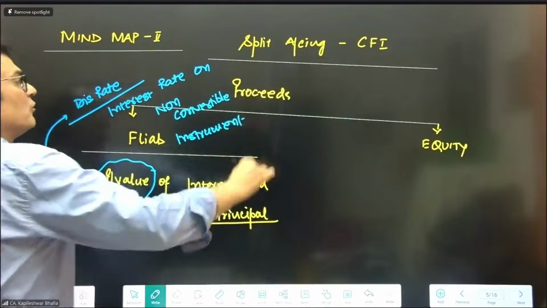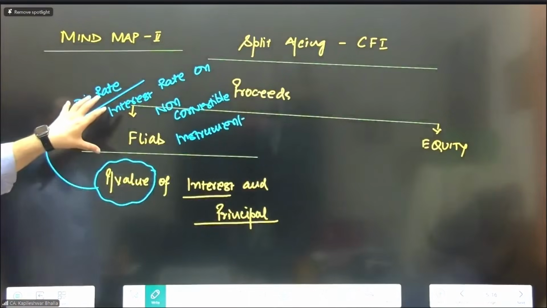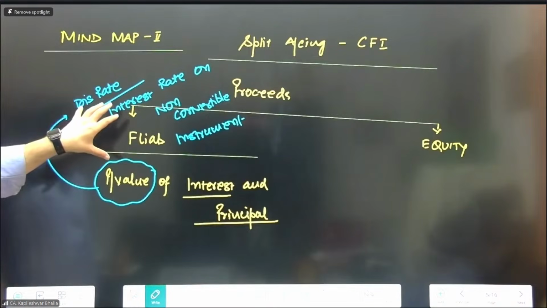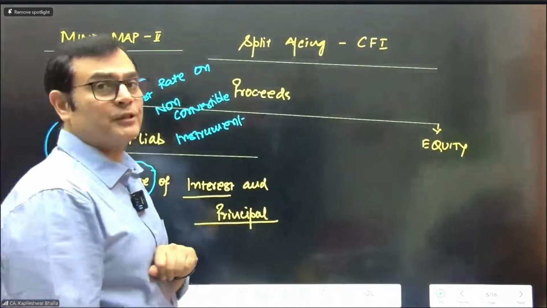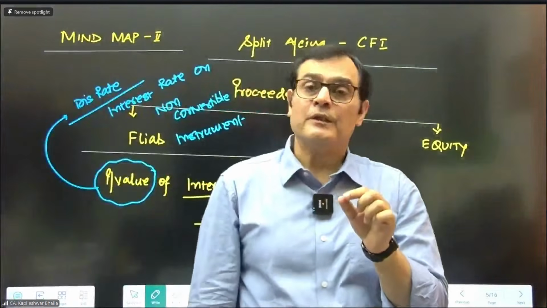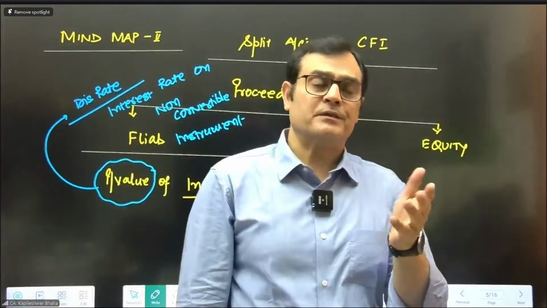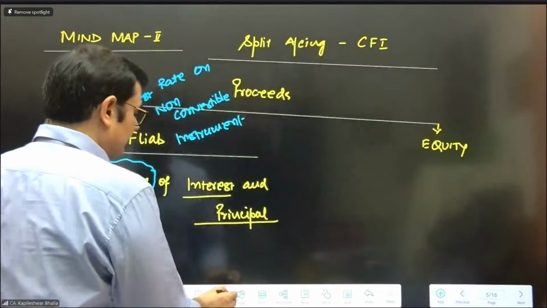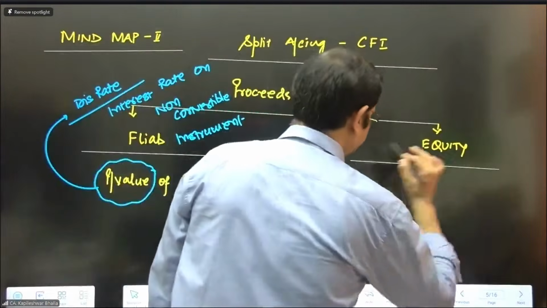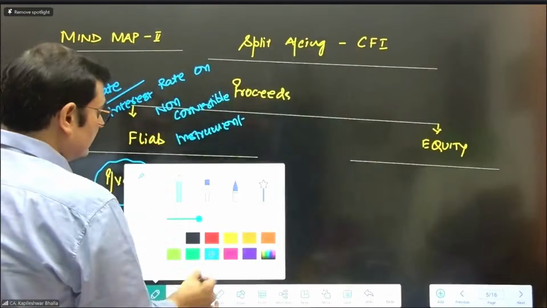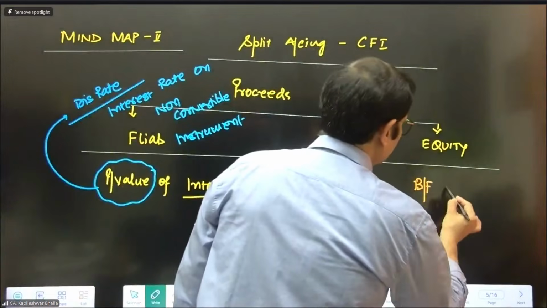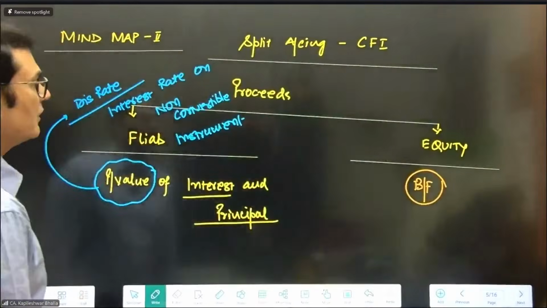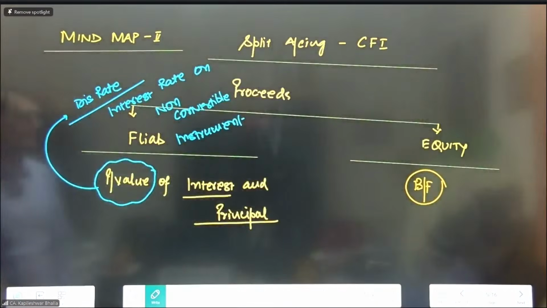That is one focus point: you need to consider the interest rate on a non-convertible instrument and take the present value of the interest and the principal. That will give you the financial liability element. As far as the equity is concerned, this becomes a balancing figure. The proceeds minus the financial liability becomes the equity element.